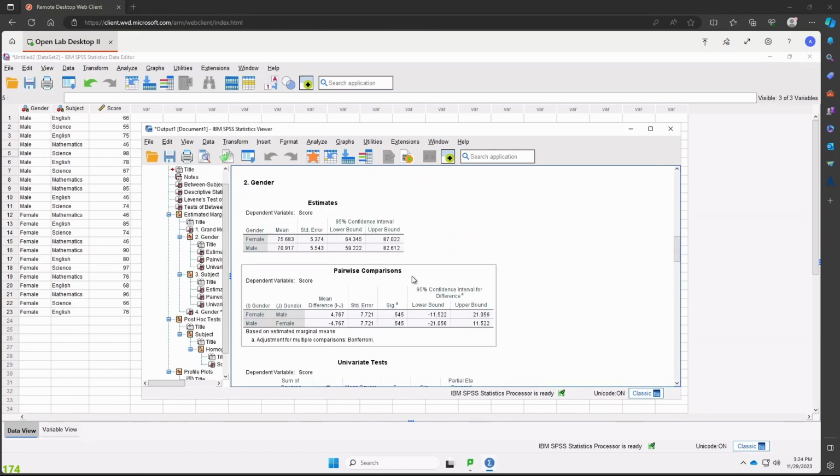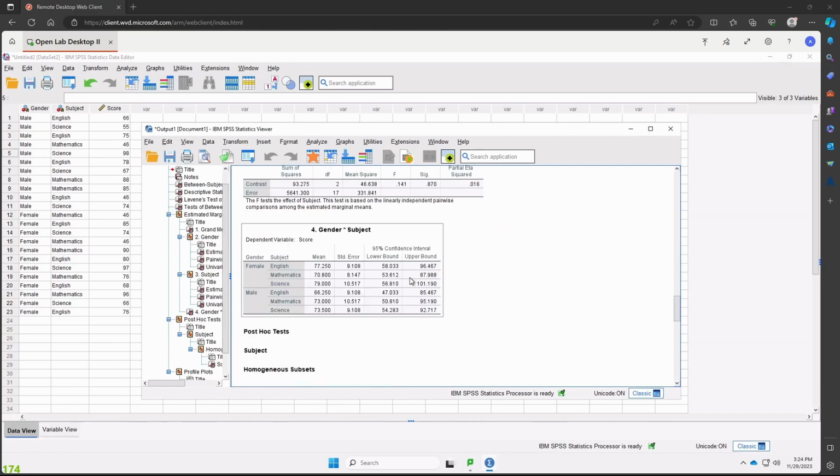And if we look down, we can see the subject times gender. So this is the interaction effect of subject times gender. Let's just look at this really quickly.